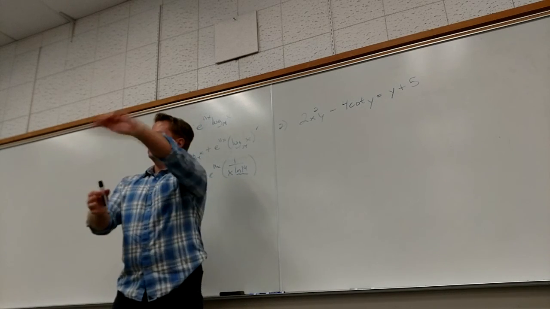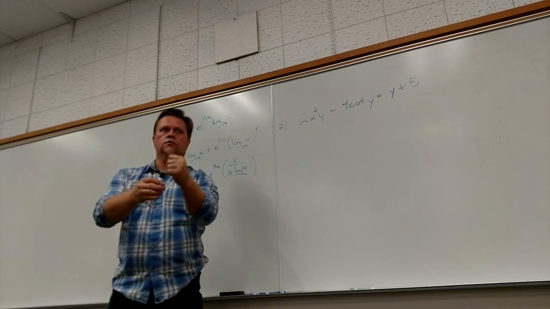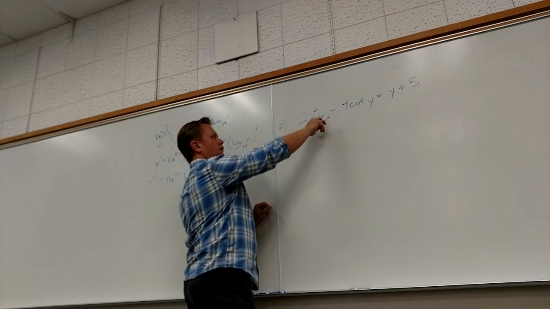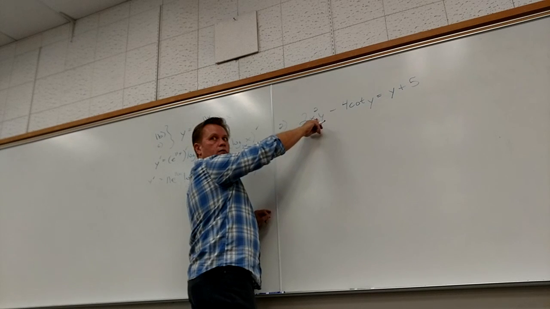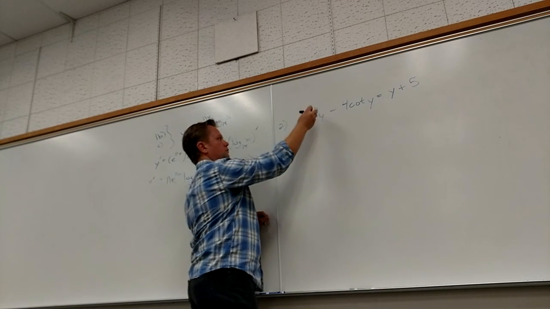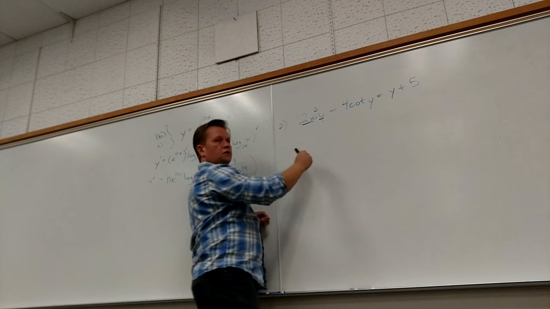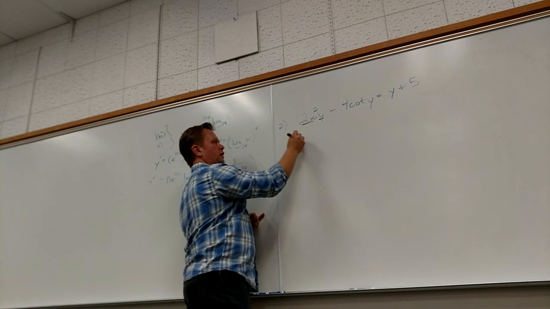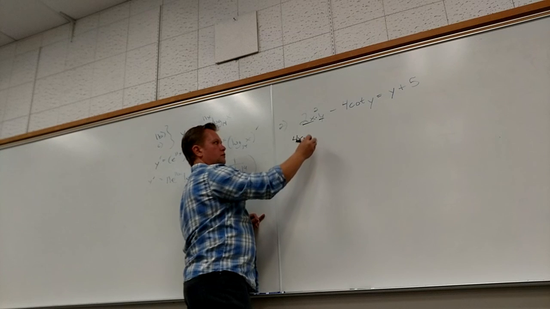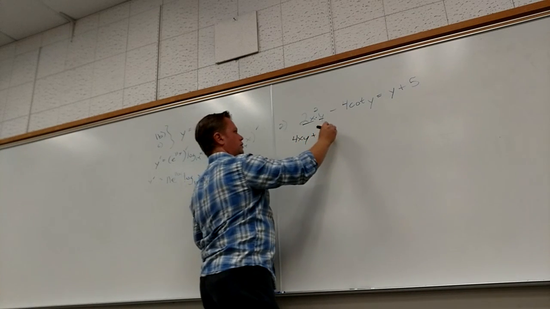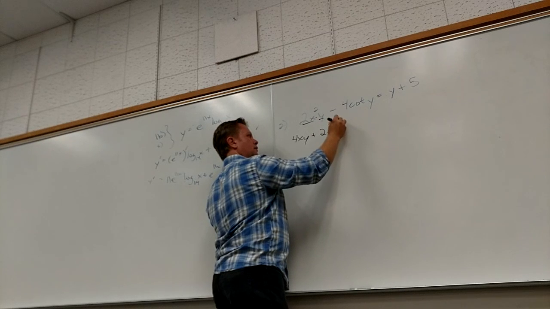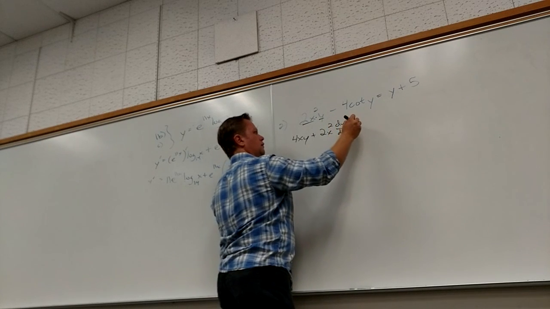So of course, what do we do? Derivative. And this is going to involve a product rule. It's this function times this function. So the derivative of 2x squared is 4x, leave the y alone, plus 2x squared, leave that alone. What's the derivative of y? dy dx.